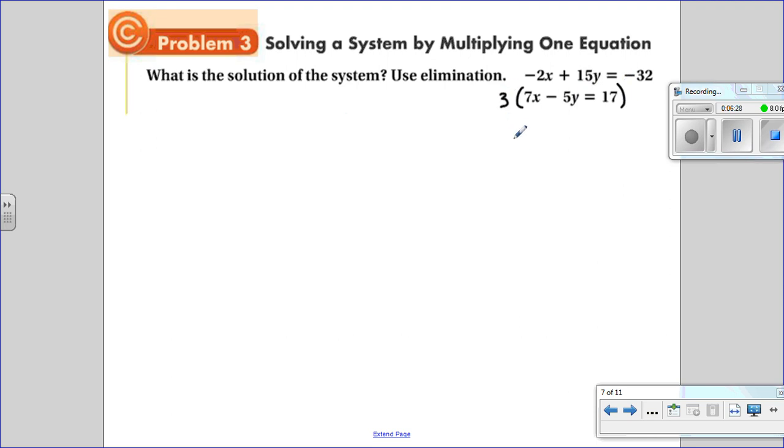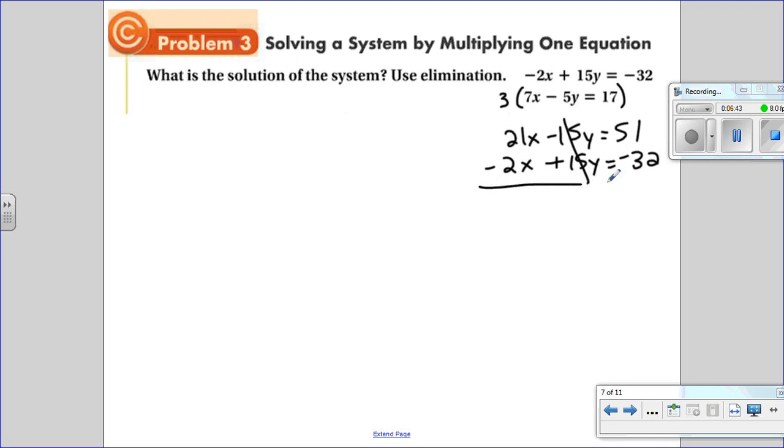And that would give us 21x minus 15y equals 51. And then if I bring this equation down, negative 2x plus 15y equals negative 32.